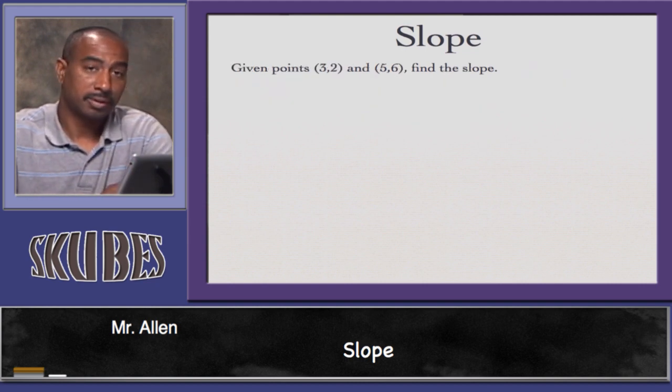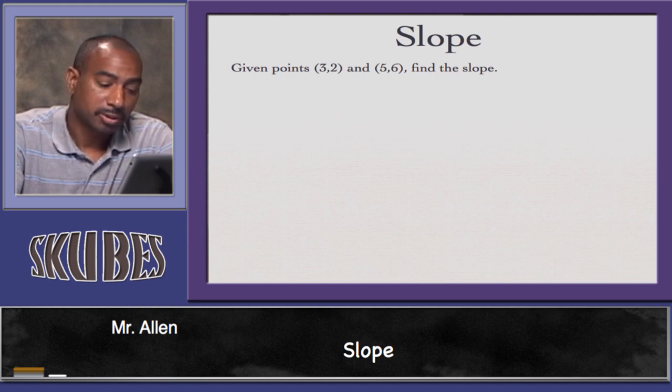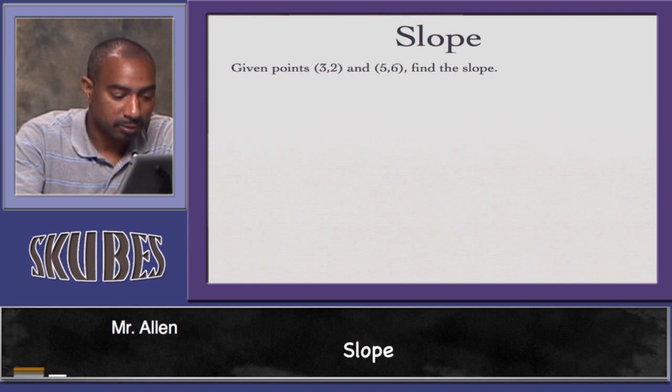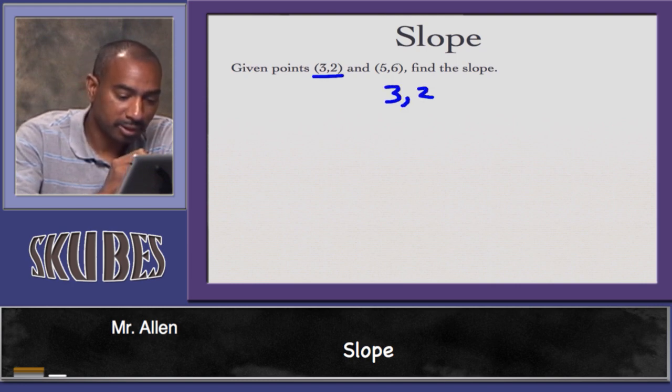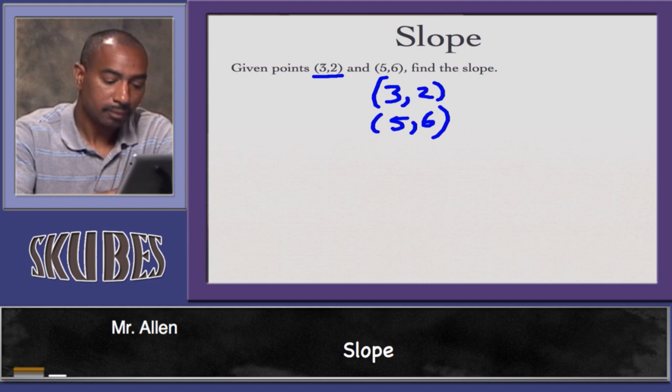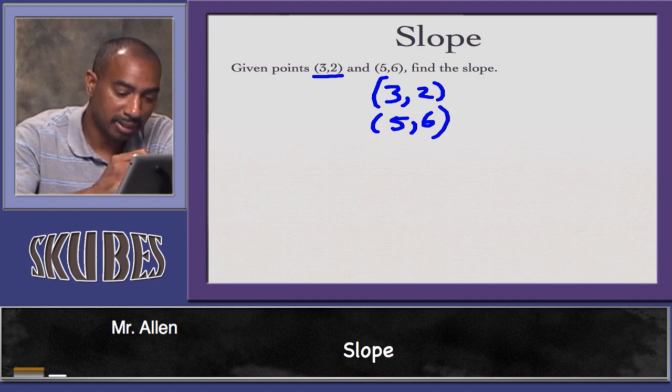All right, for example, given points (3, 2) and (5, 6), find the slope. So let's say I start with (3, 2). Sometimes I write it this way in order to make sure I don't mix things up. So these are my y's, these are my x numbers.